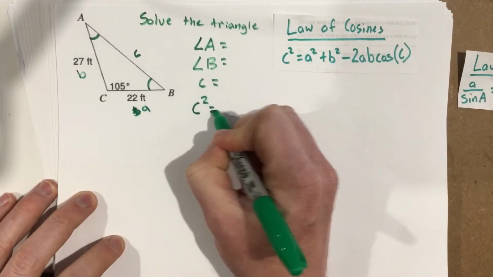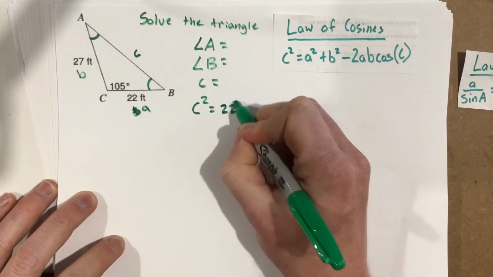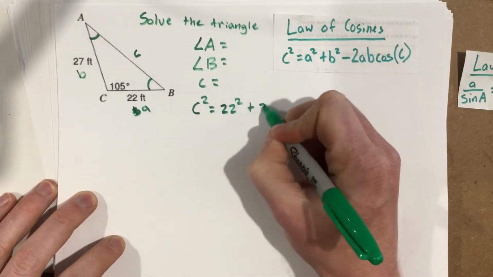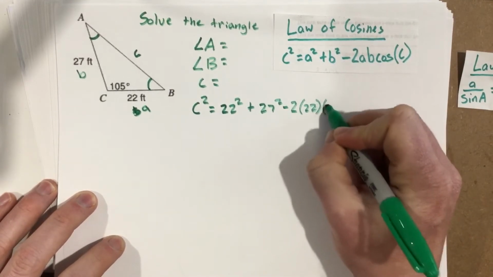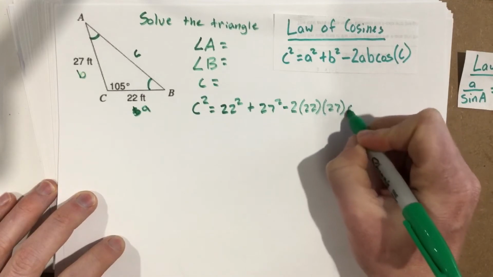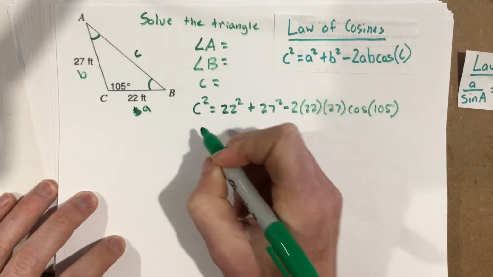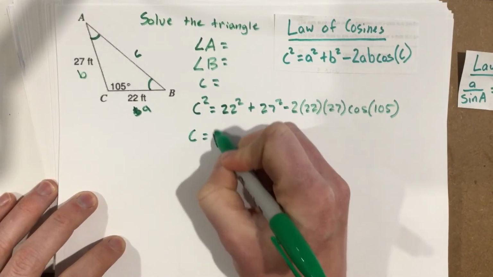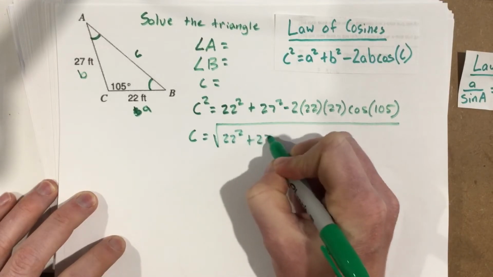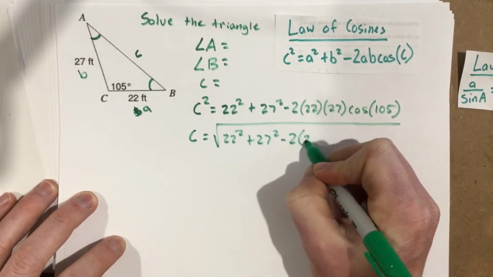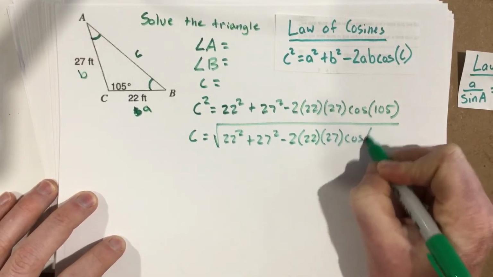C squared equals, and we're going to put in, for A, 22 squared, plus B, which is 27 squared, minus 2 times 22 times 27, cosine 105. So we can get C equals the root of all of this, which is 22 squared plus 27 squared minus 2 times 22 times 27 cosine 105.